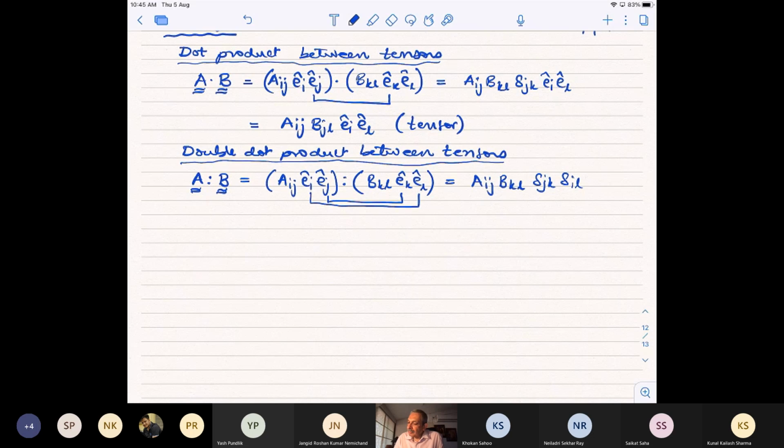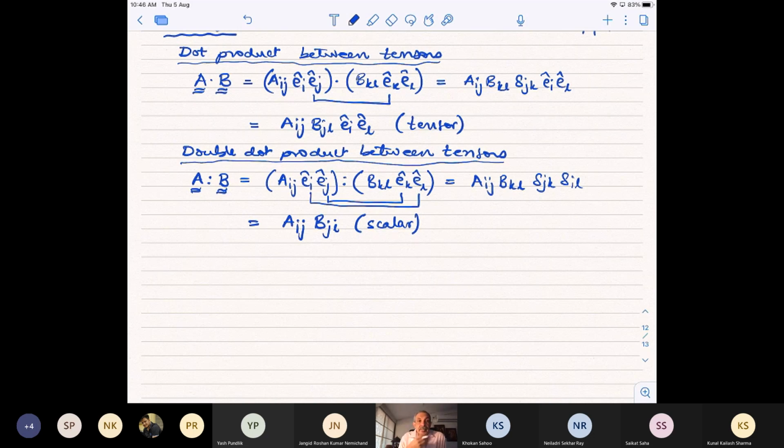So in here we must put k equal to j and L equal to I. So you just get Aij. Now k is equal to j, so that is Bj, and L is equal to I, so it's Bji. So this is the double dot product between two tensors, and what you end up with is a scalar quantity.